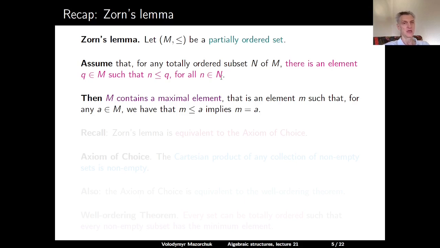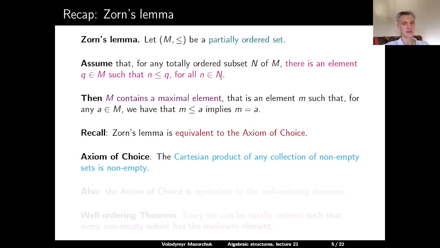a. So this is called Zorn's lemma, but it is equivalent to one of the axioms of set theory, and that's the axiom of choice. So we can treat Zorn's lemma as an axiom. Basically, the axiom of choice says that the Cartesian product of any collection of non-empty sets is non-empty.